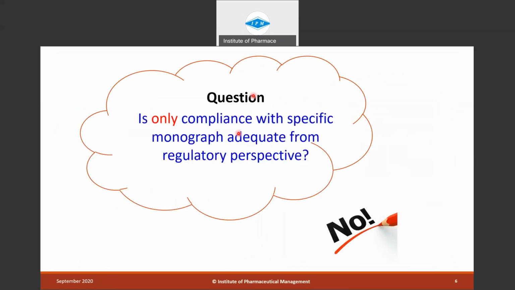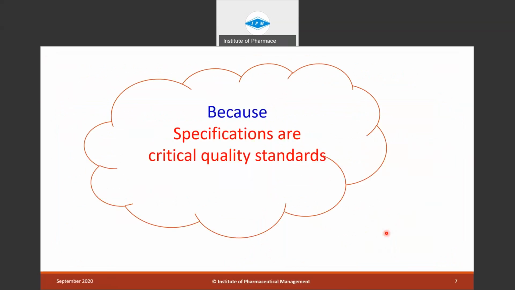So the answer to this question is no, which is already given here. Now the reason is specifications are critical quality standards. So every company will design their own specification based on the criticality of that particular substance or product.